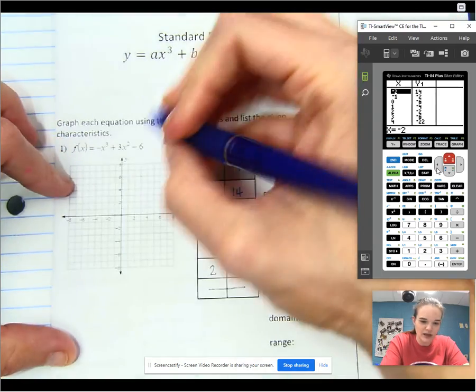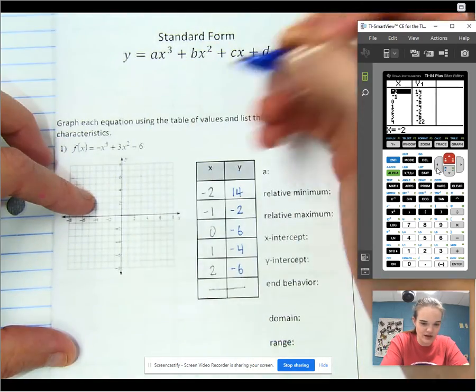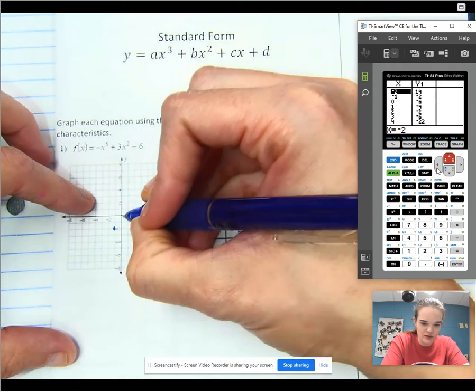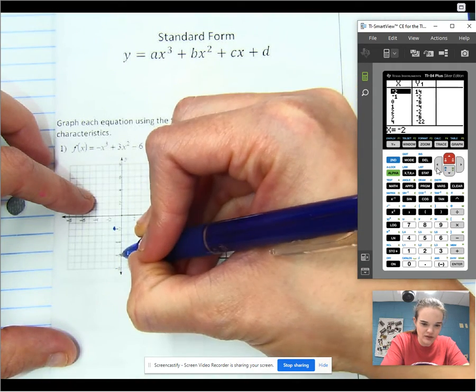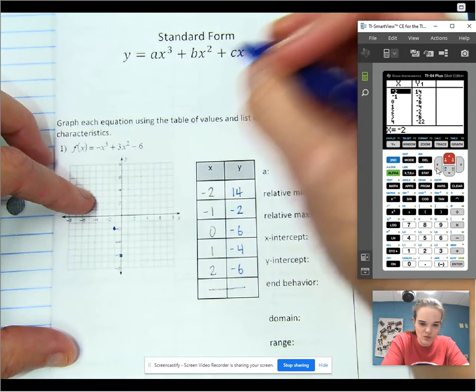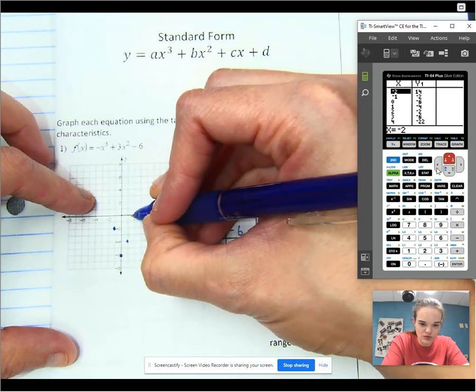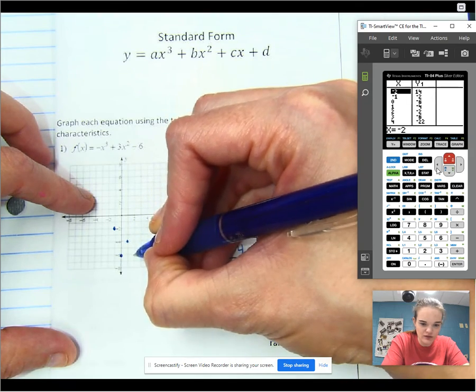Okay. So -2, 14. I cannot graph that. -1, -2. 0, -6. 1, -4. 2, -6. I'm just kidding.